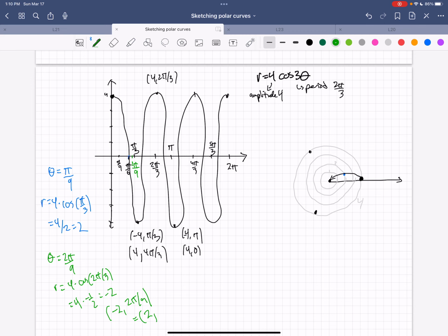I'm going to go plus, so we have 11 pi over 9, which is just 2 pi over 9 more than pi. So if this here is the angle pi, then for 11 pi over 9, let's do a radius of 2, kind of over here. So then we'll go like this.